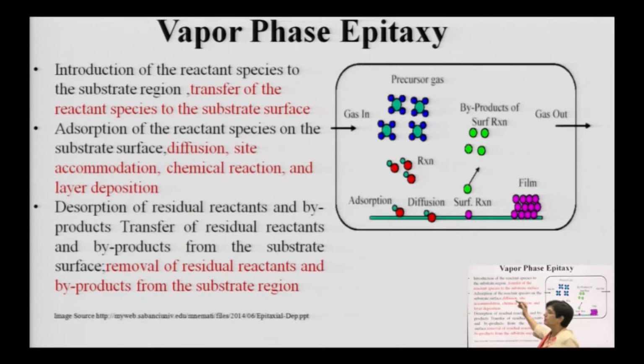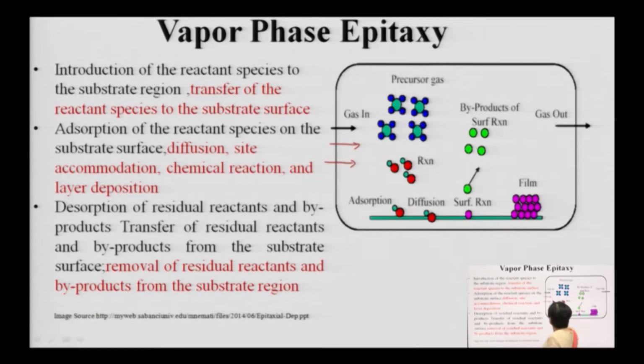Now, as you know, there are 3 basic things in any epitaxial growth process that you need to take into account. While studying the growth kinetics, we have seen these 3 things. One is you need to take care of the inflow of the gas, that is, the rate at which the gas is introduced through the inlet onto the wafer.